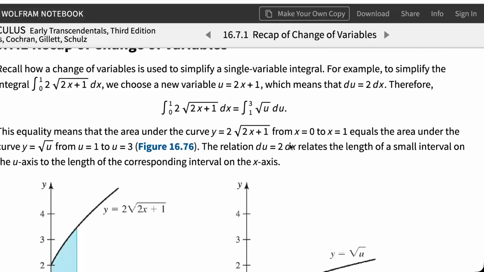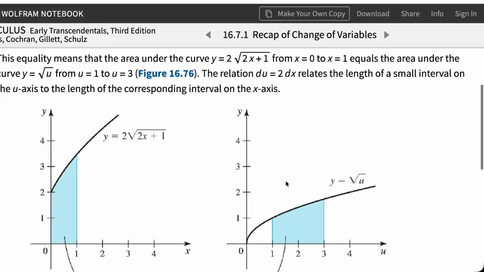Now, you should think of this as just the one-dimensional example of a generic thing, which is we're changing from one coordinate system to another where the problem becomes more convenient.